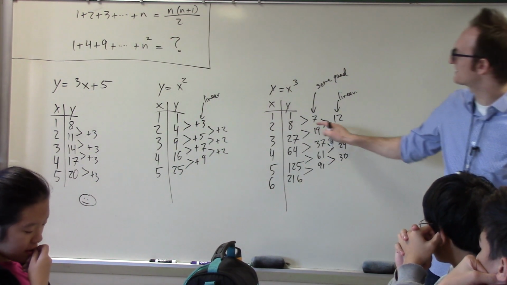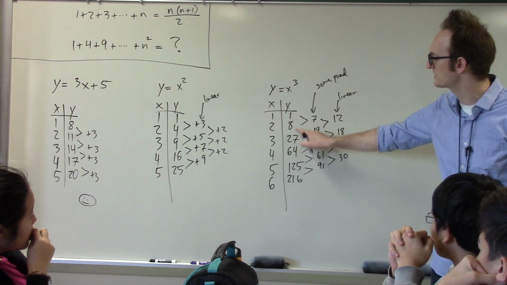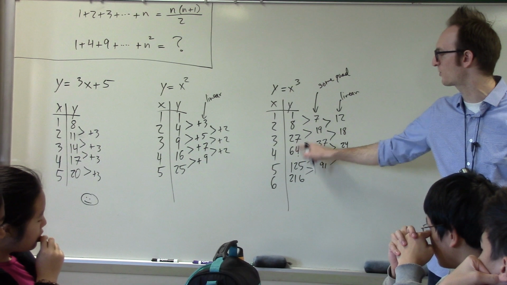You can think of this 7 as being just 8 minus 1. You can think of this 19 as being 27 minus 8, and the 37 as being 64 minus 27.